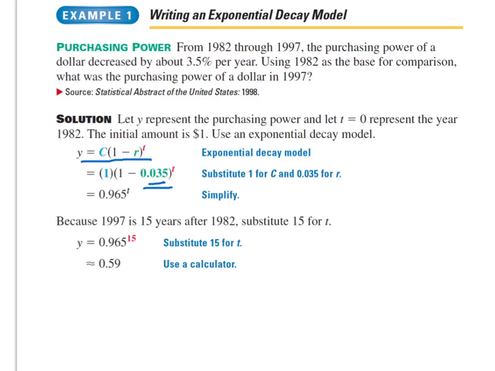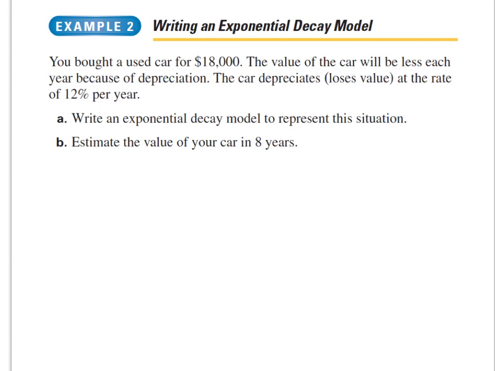So again, in this time, because you're multiplying by 1, of course you can just deal with the parentheses and the power t, so 0.965. And then you just put in 15 for t and punch it on your calculator, and you get about 59 cents. So it lost that much, 41 cents.